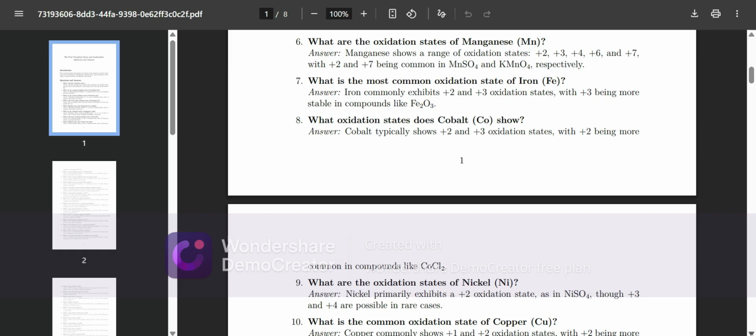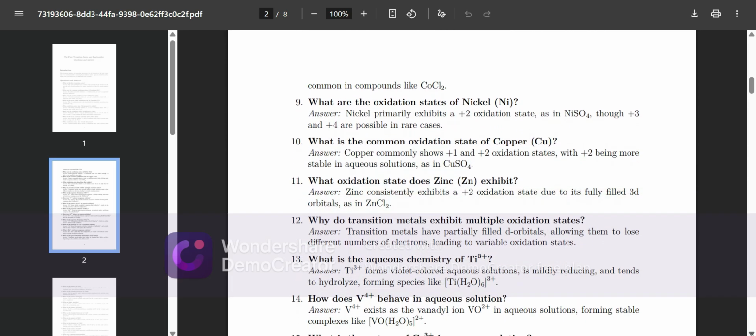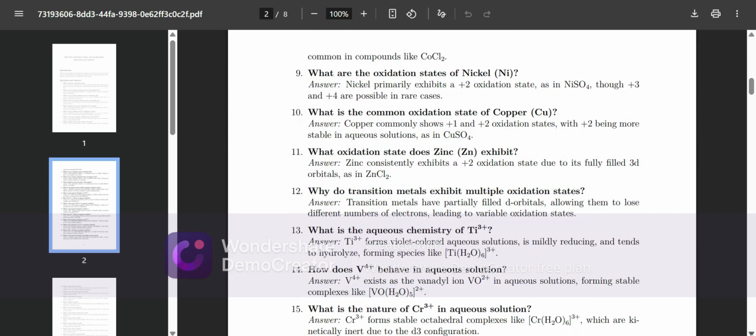What oxidation states does cobalt show? Cobalt typically shows +2 and +3 oxidation states, with +2 being more common in compounds like CoCl2. What are the oxidation states of nickel, Ni?